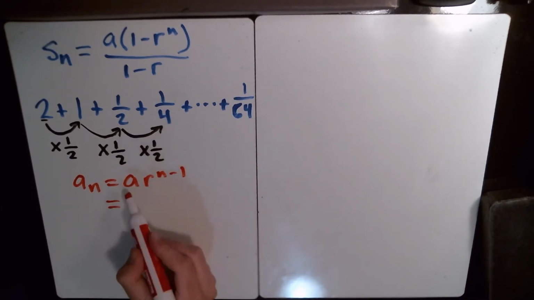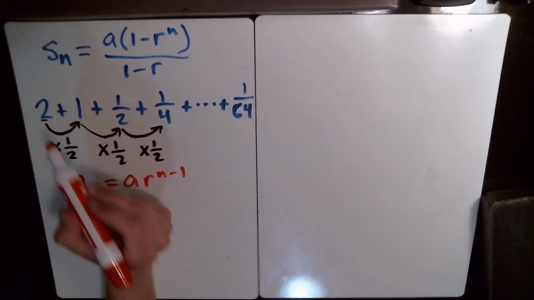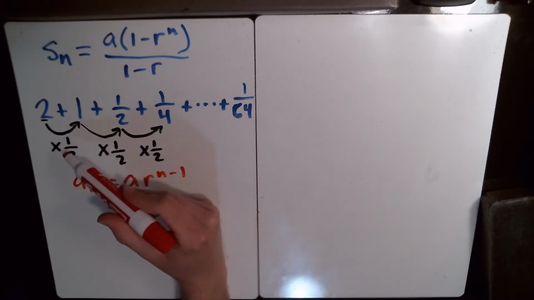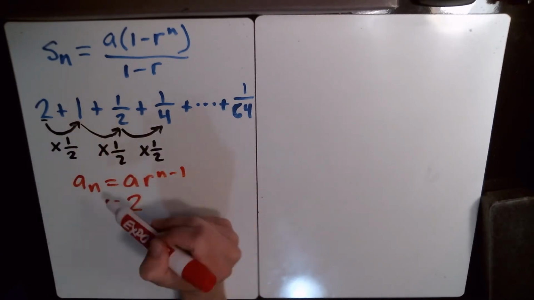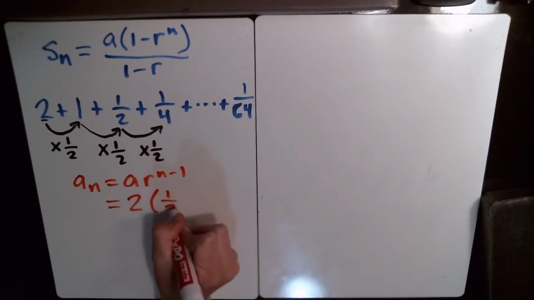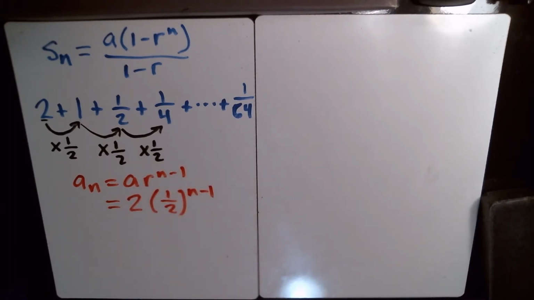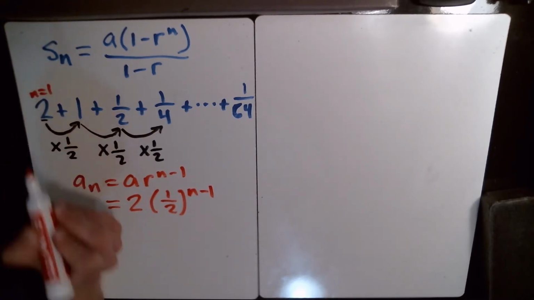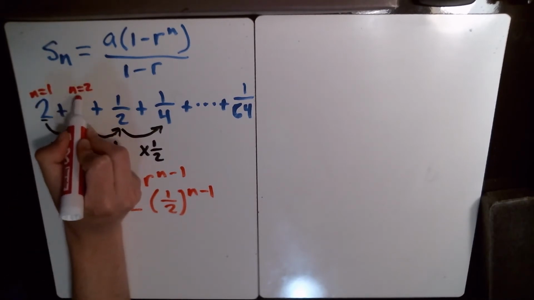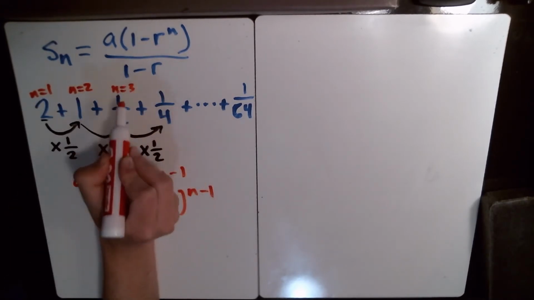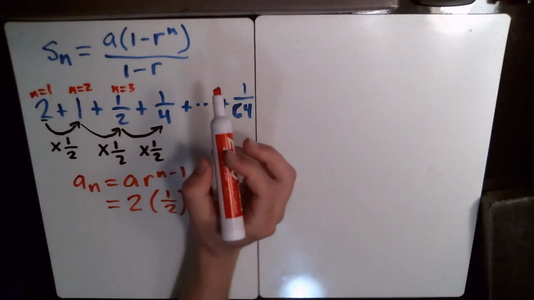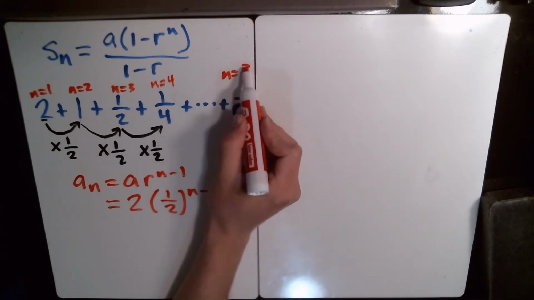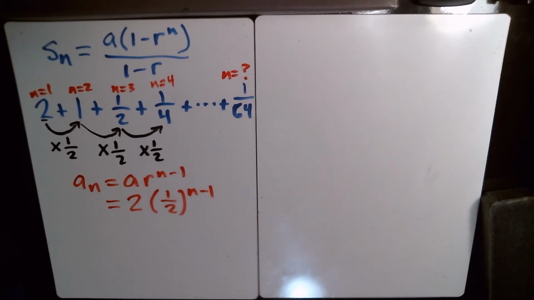In our case, a is the first term, so it's 2, and r is the common ratio between the terms, so 1/2 is our common ratio. 2 times 1/2 to the n minus 1 gives us 2 when n equals 1, 1 when n equals 2, a half when n equals 3, and so on. This would be when n equals 4.